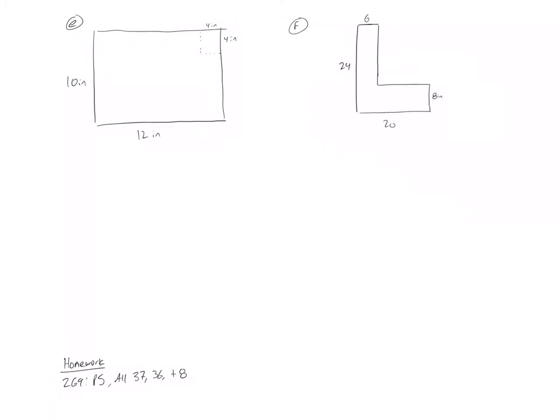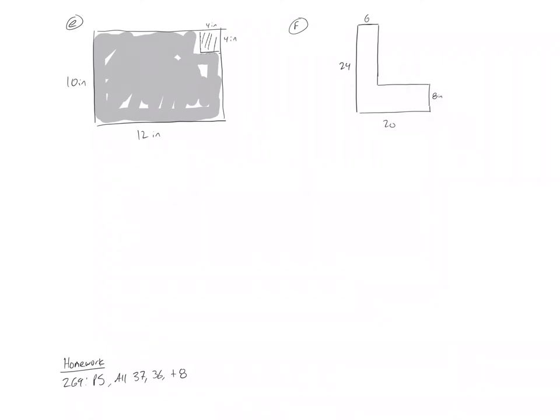So this is like a piece of paper here. I think this is from your guided practice. And they've taken and cut out this little 4-inch square. And they want to know the area of this piece of paper that's left. This part that I'm kind of shading in. Okay?